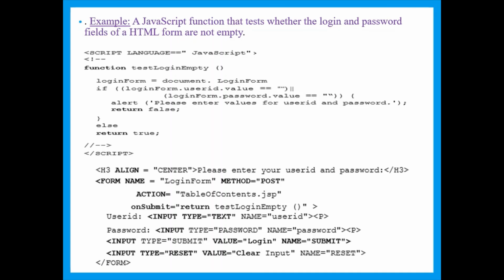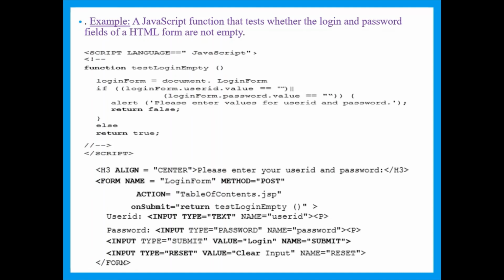Now testLoginEmpty is a function, so I have used the keyword function. The testLoginEmpty is the name of the function. Here loginForm is a variable equal to document dot loginForm. The loginForm is the name of the form. You can see in the HTML the form name is equal to loginForm. This HTML code has been deployed into the Java Servlet code.